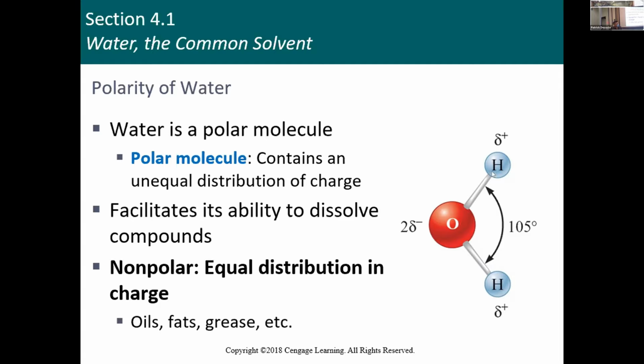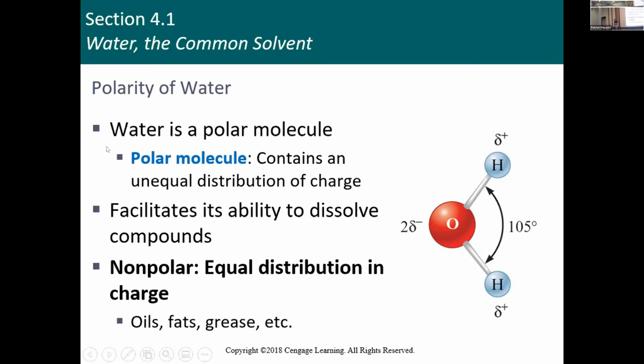And vice versa, the hydrogens will have less electron density. So this difference in electronegativity between elements in a covalent bond forms this idea of polarity. So that's what polarity is: the formation of the unequal distribution of charge, usually in covalent bonds.